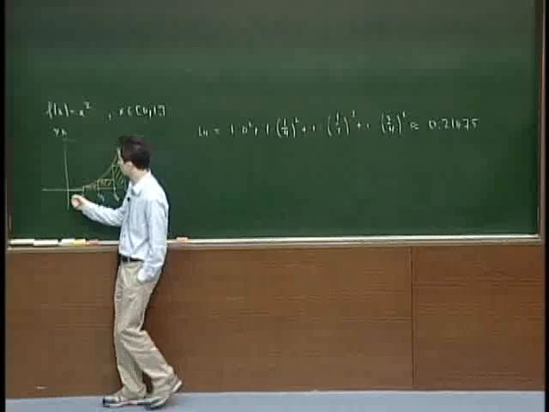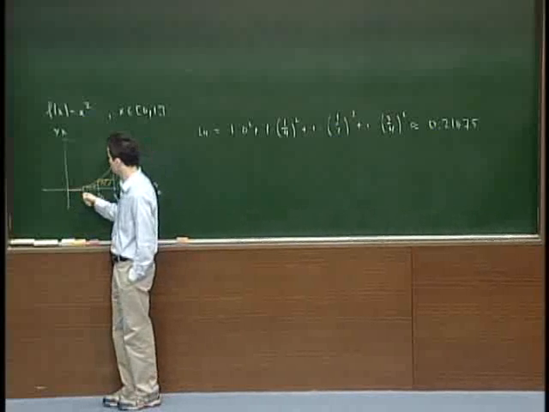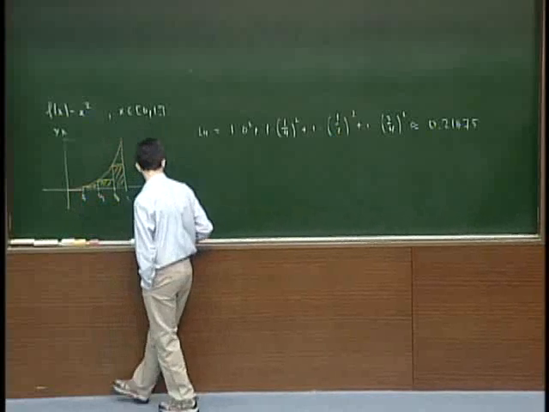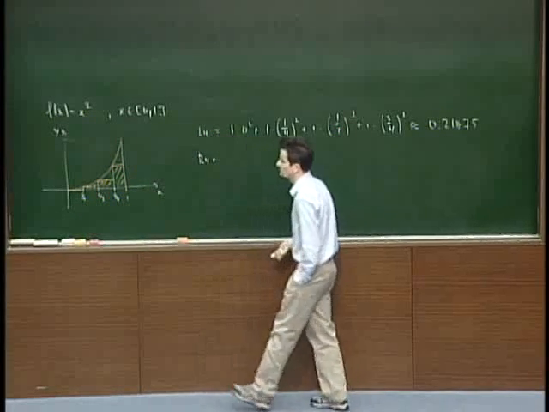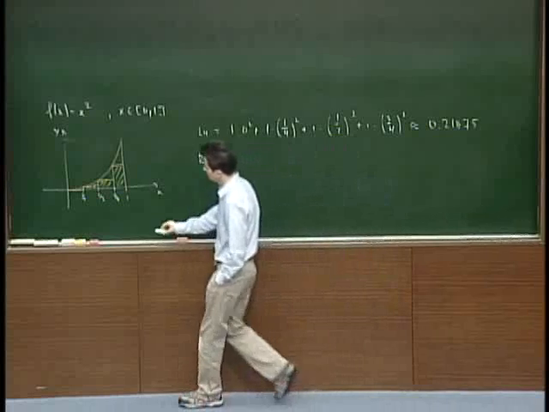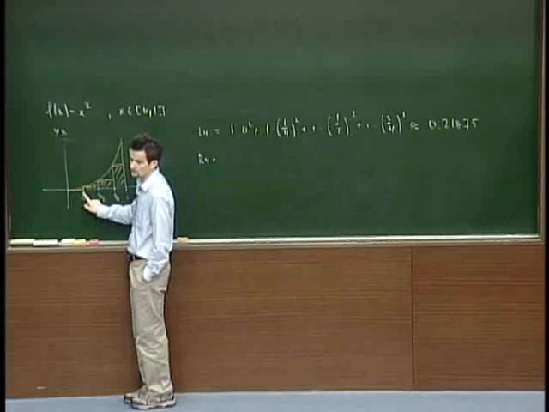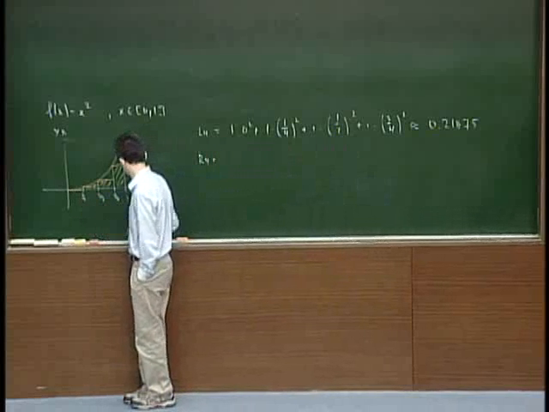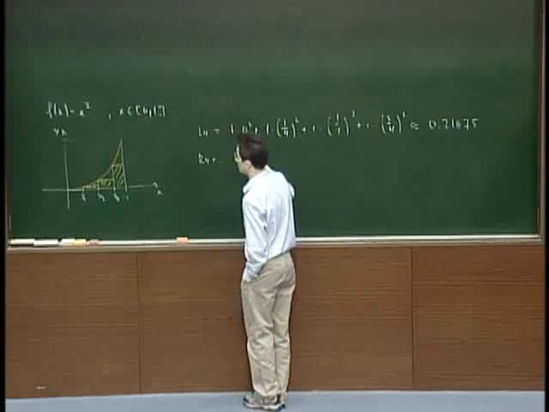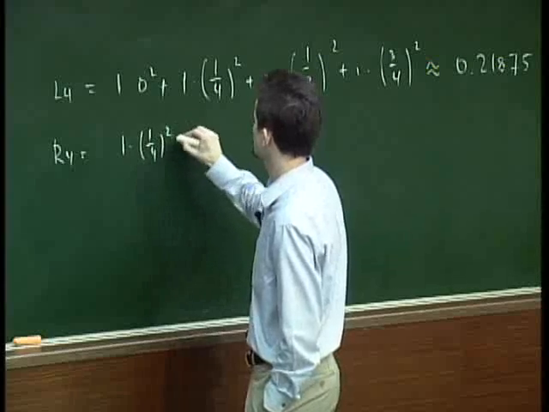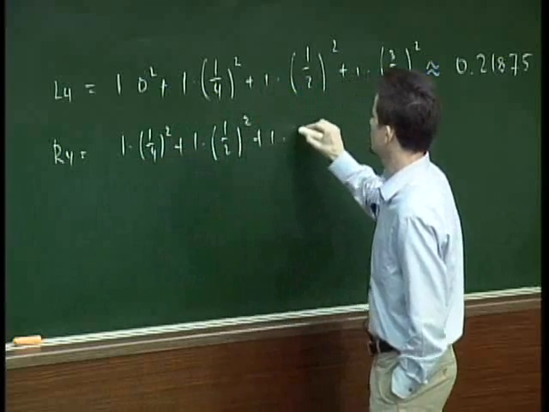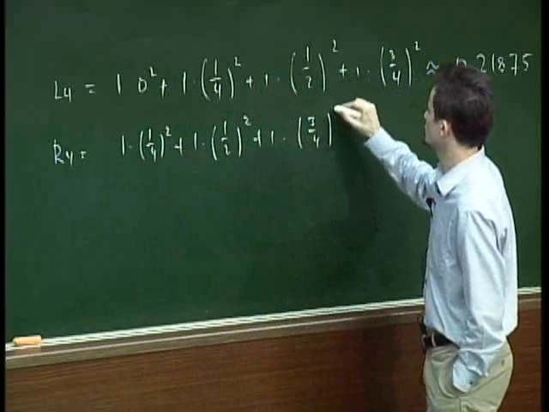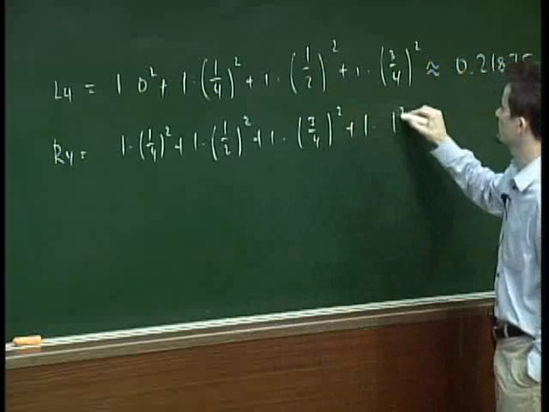Of course, you could also use a different way to approximate the given area by rectangles. Namely, you do not choose the left endpoint, but instead the right endpoint, which our textbook calls R4. It's the same sum, but now instead of left endpoints, you choose right endpoints. So you have 1 times 1 over 4 squared plus 1 times 1/2 squared plus 1 times 3 over 4 squared plus 1 times 1 squared.